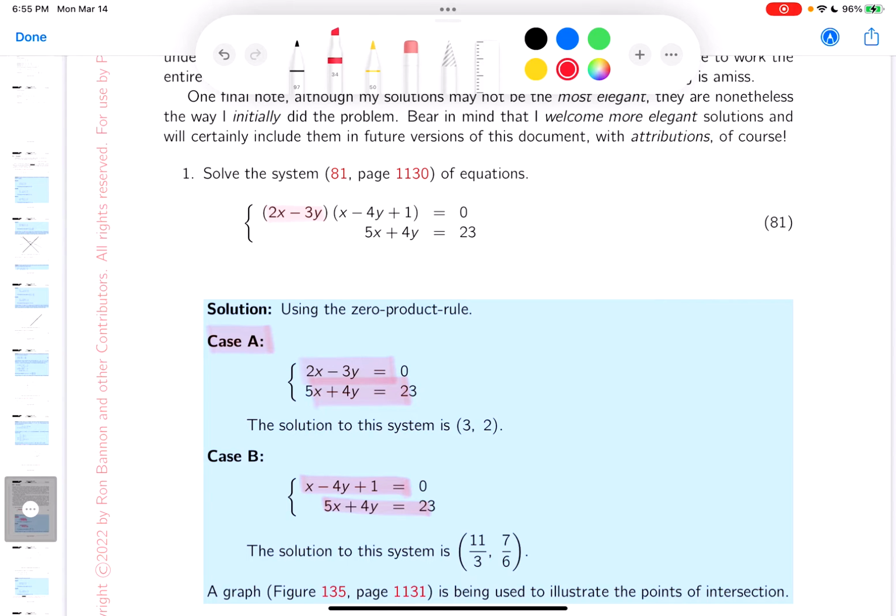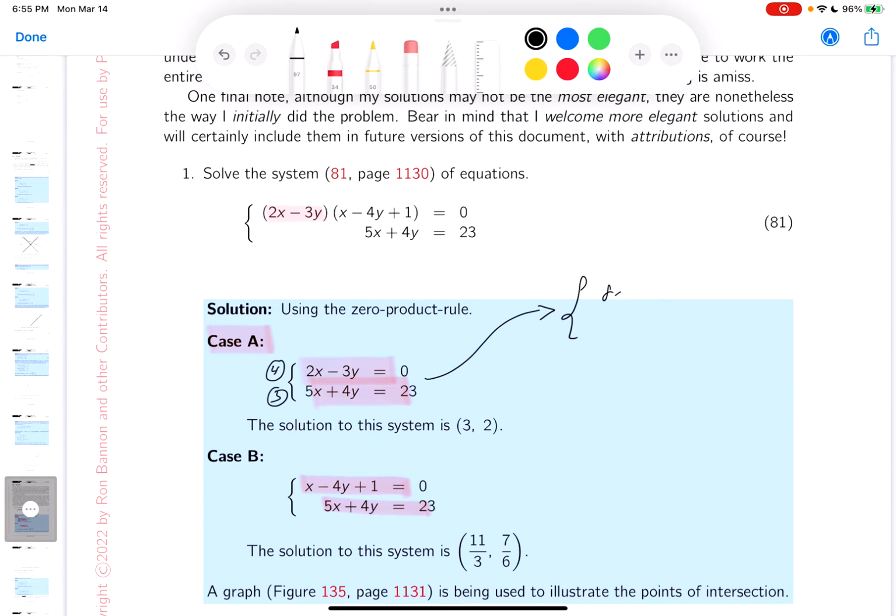Fairly simple to do. This one over here, let me just go through that with you. I would recommend multiplying the top equation by 4 and the bottom equation by 3. Let me do that for you.